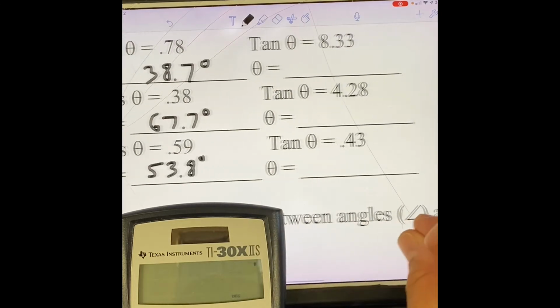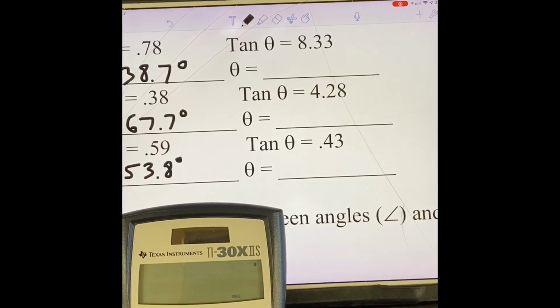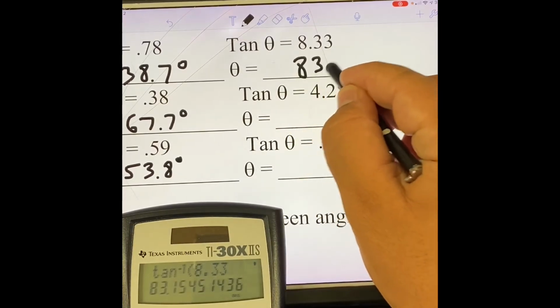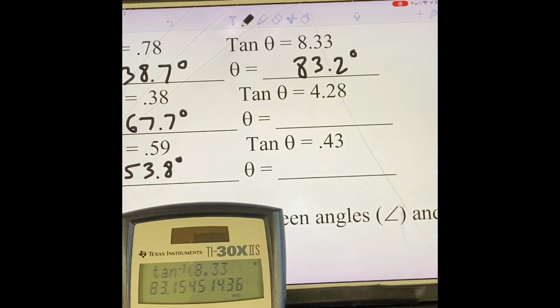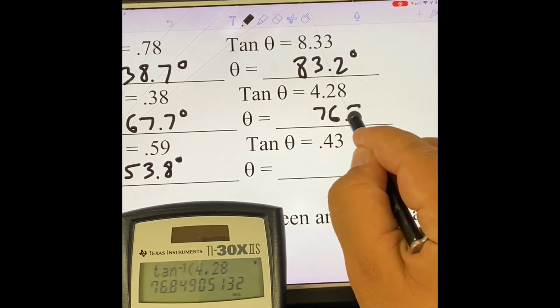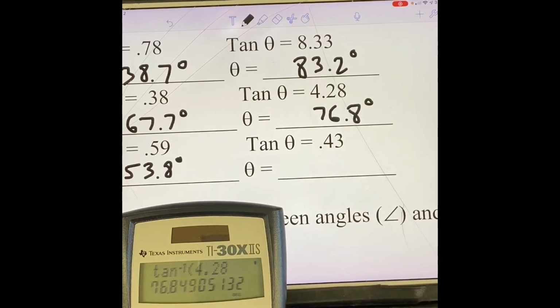And in the last column, we're going to take the arc tangent of 8.33, and we get 83.2 degrees. Then we're going to take the arc tangent of 4.28, and we get 76.8 degrees.